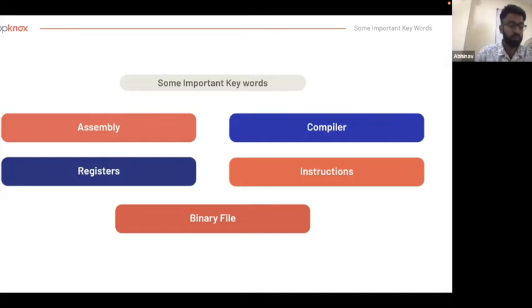It does that so we do not need to bother ourselves with writing the instructions to the processor or to a kernel. It converts our high level code to the machine code.